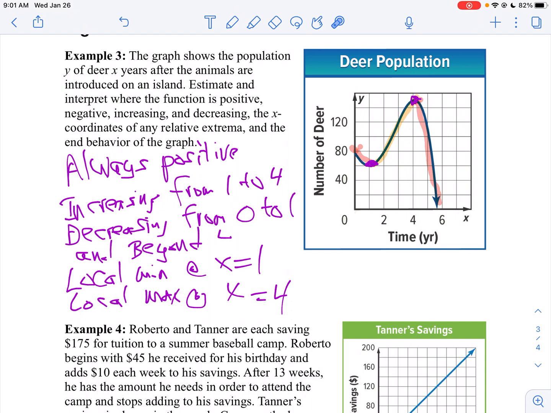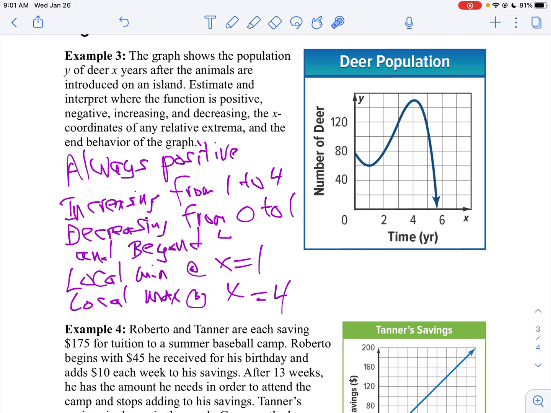Now we want to describe the end behavior. Now this is kind of confusing on this one, because according to my graph, let me erase my other stuff I have on here first. When I look at my graph, I see this arrow, it's pointing down. So as x gets really, really big, like as x goes towards positive infinity, my graph is going to go down towards negative infinity, except we're doing a deer population. So in the year between 5 and 6, they ran out of deer, didn't they?